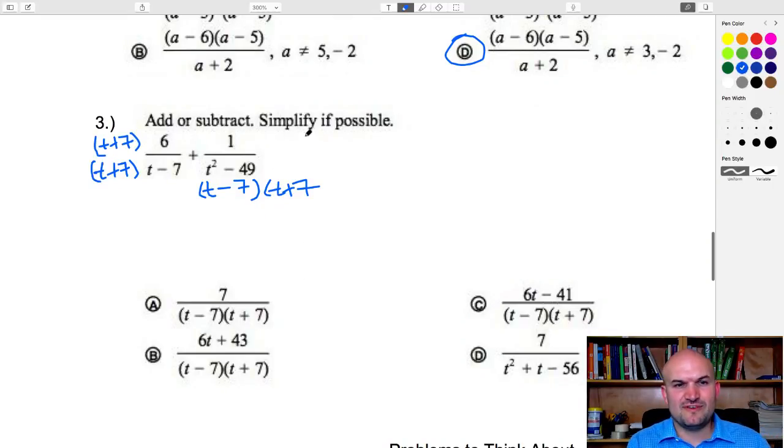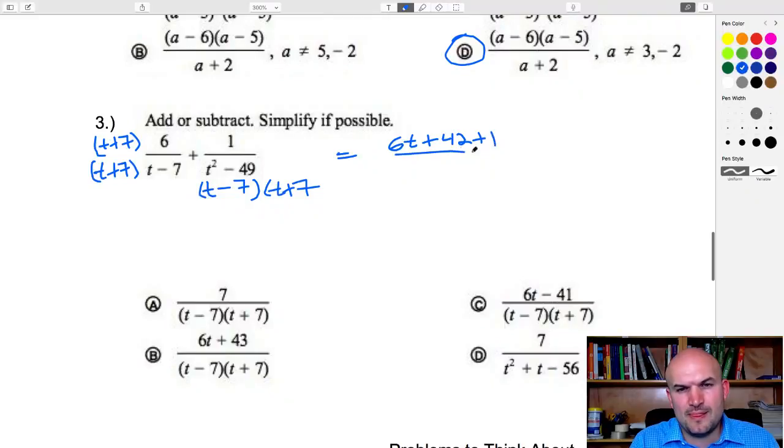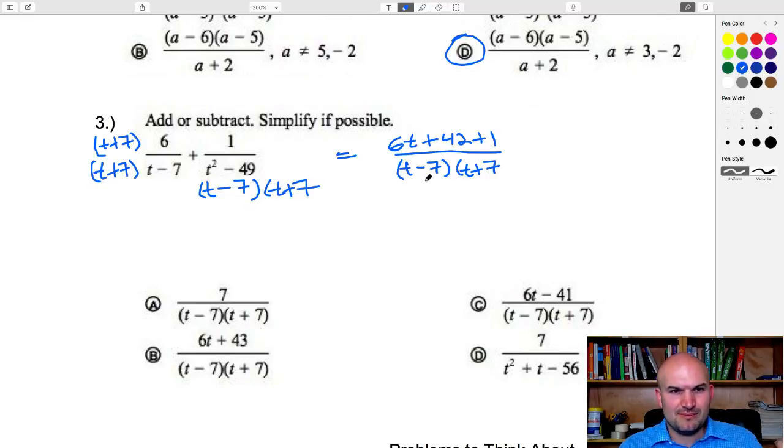Okay, looks like they simplified the numerator here, so therefore that's going to be a 6t. 6 times 7 is 42 plus 1 all over my common denominator of t minus 7 times t plus 7. All right, so I should get a 43. Man, what the heck's up with this? Oh, 6 times 7 is... No.